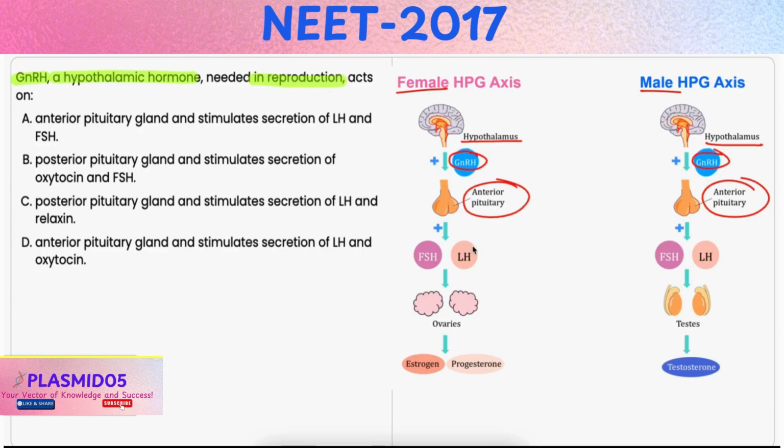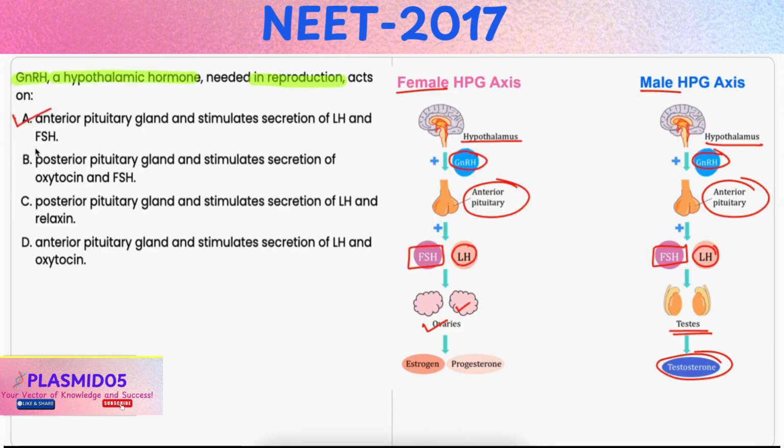Number one, luteinizing hormone, that is LH, that triggers ovulation in females and stimulates the production of sex hormones such as testosterone in males, and follicle stimulating hormone, that is FSH, that is involved in the development of ovarian follicles in females and sperm production in males. And these two hormones are essential for the regulation of the reproductive system in both males and females. Hence, it is the correct option.